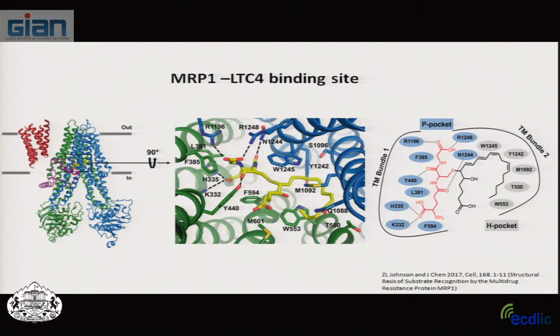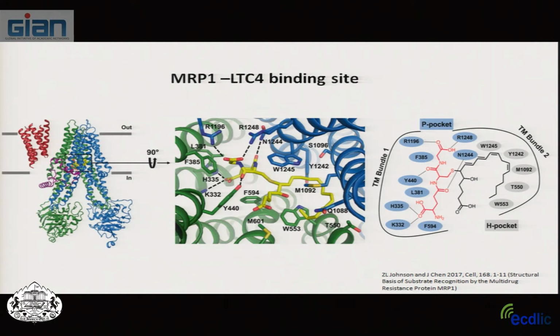Because this transporter has a very high affinity for leukotriene C, 1 to 2 nanomolar, it was easier to get the complex structure with LTC4. As you can see here, this binding pocket is bipartite. It has two regions: one is the polar region, they call it the P pocket, and the other is the hydrophobic region, the H pocket.